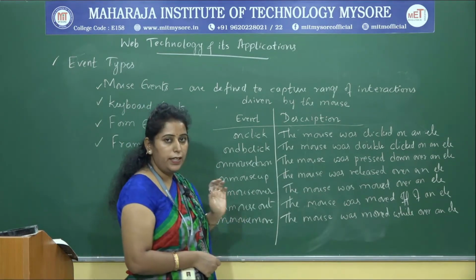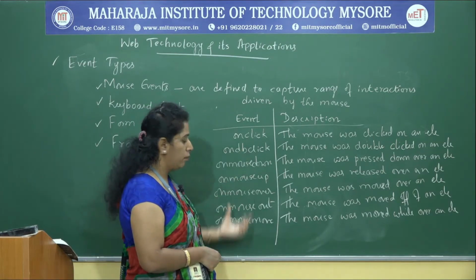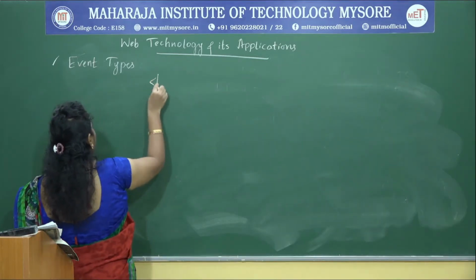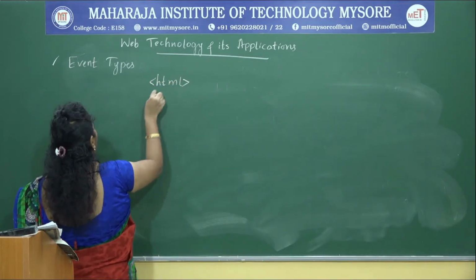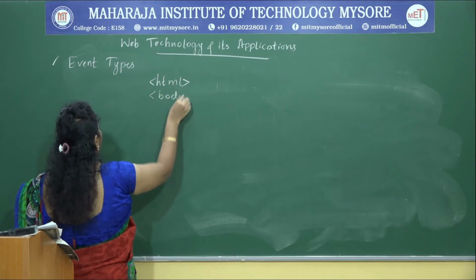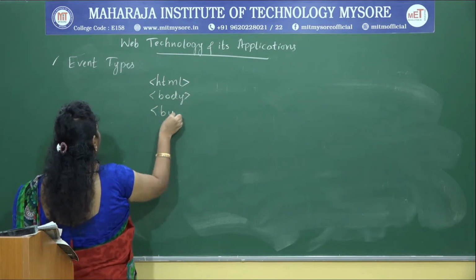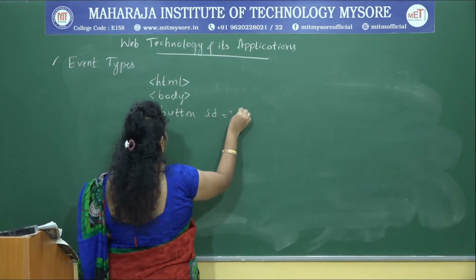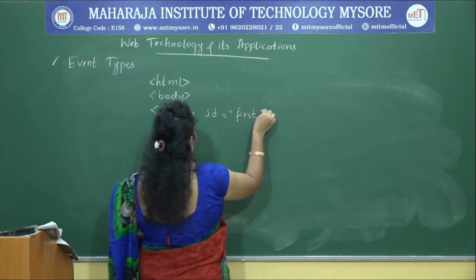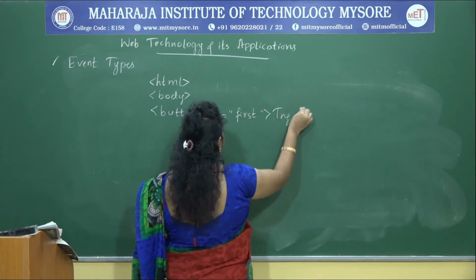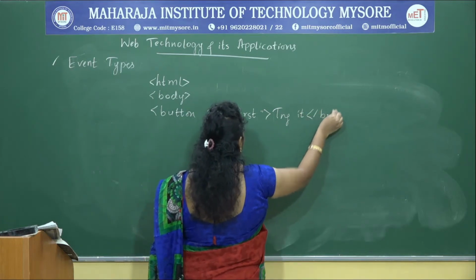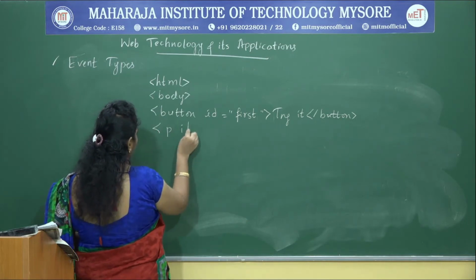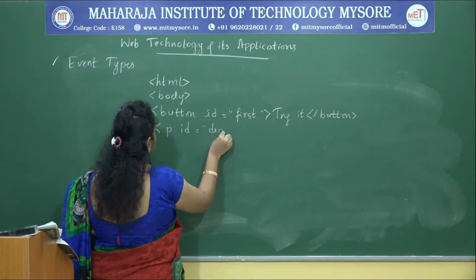So, let us take up an example by making use of these mouse events. In this HTML body, there is a button with ID equals first, with the label close button. Now we will take one P element with ID demo.